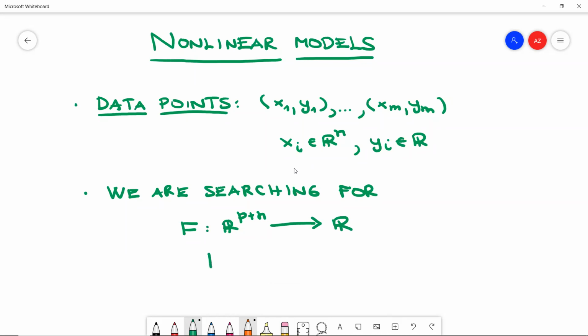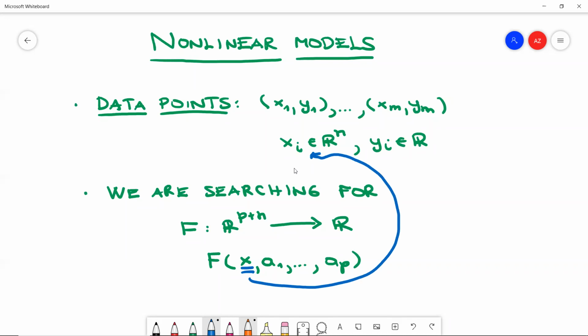So it maps every data point and the parameters into some real number. This is a function which has n plus p arguments. The first n arguments are reserved for our data points, and those other p arguments are our parameters.